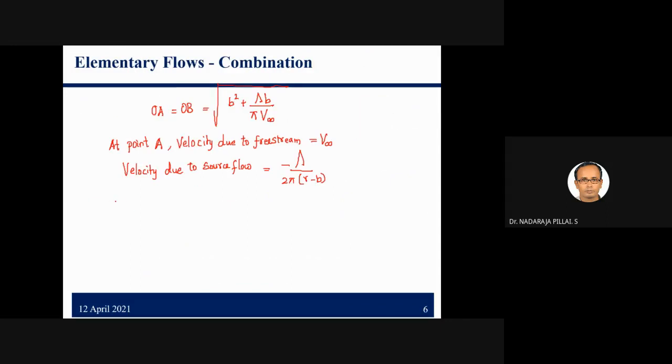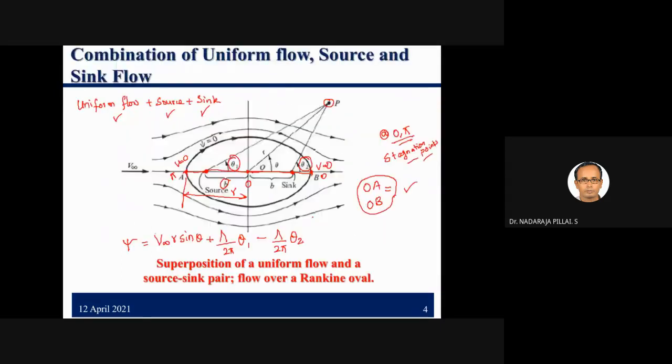Now the velocity due to sink flow. Because sink flow is the flow towards the origin, it is in the same direction, and hence we can write lambda by 2 pi (r plus b), because you have r plus this b.